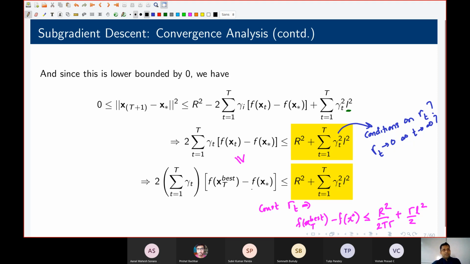R into L by root t, something of that sort, right? So all you need to make sure is that the right hand side divided by this summation is less than or equal to epsilon. So let's write that.